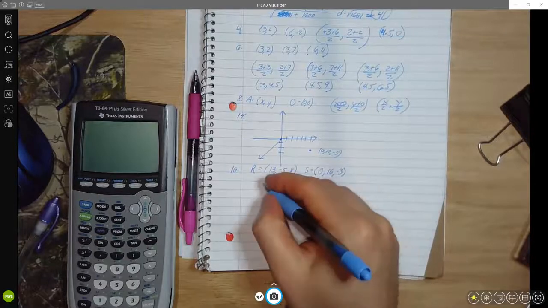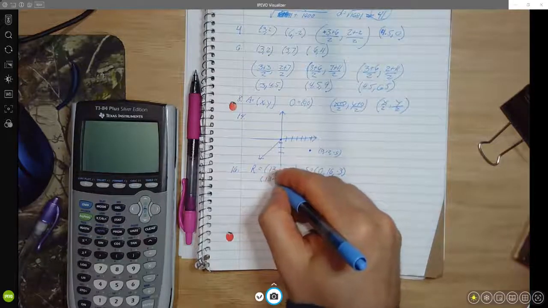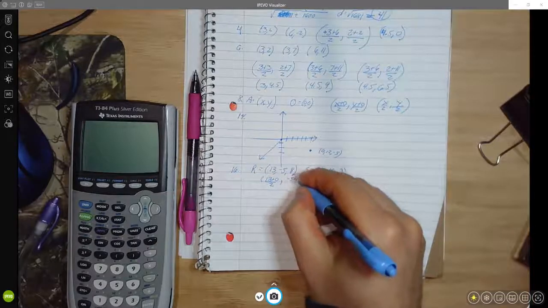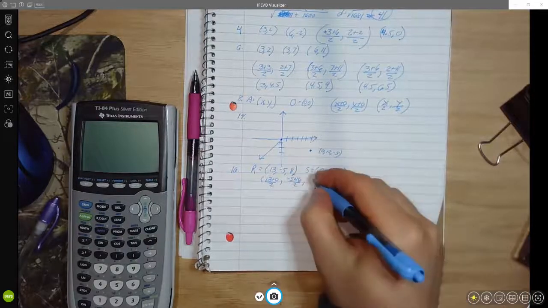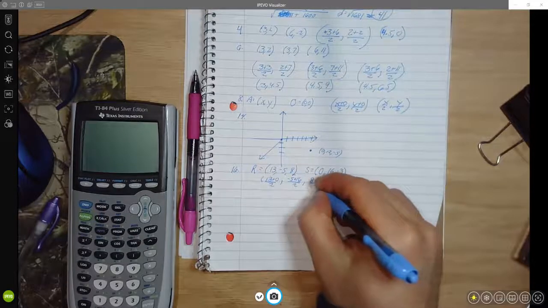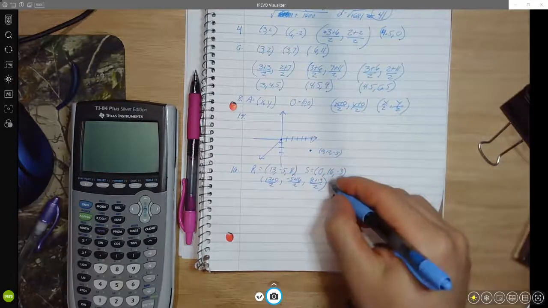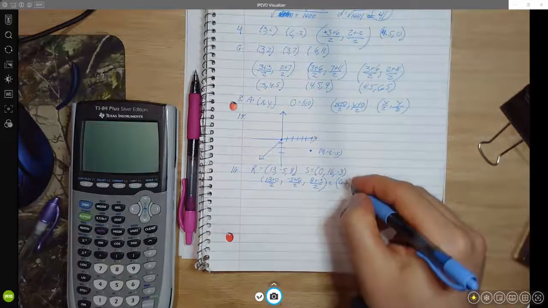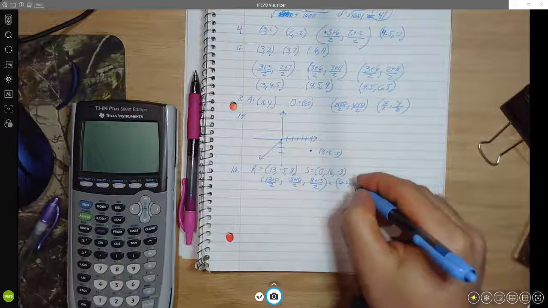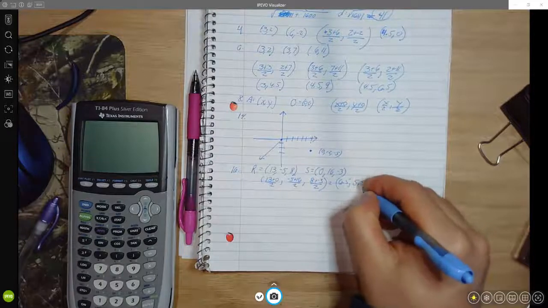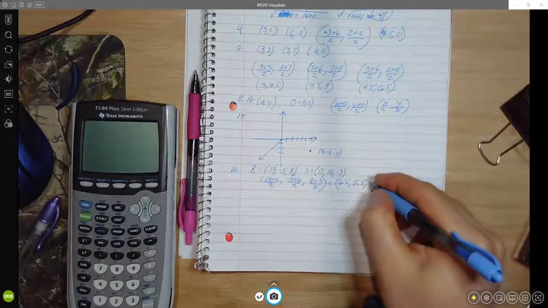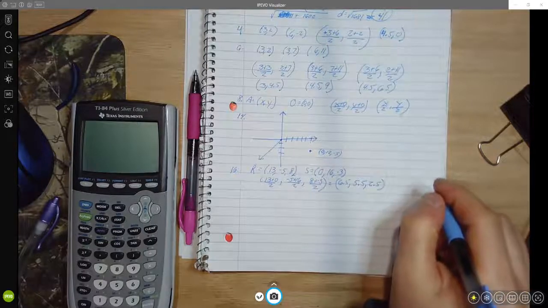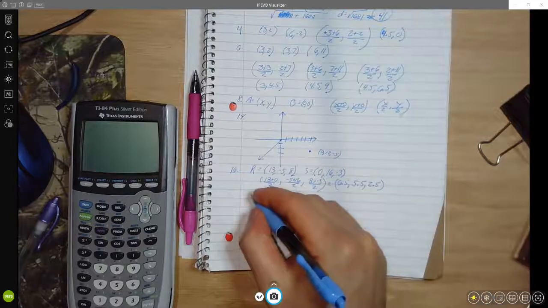So for the midpoint, 13 plus 0 over 2, negative 5 plus 16 over 2, 8 plus negative 3 over 2. So 13 over 2 is 6.5. Negative 5 plus 16 is 11, over 2 is 5.5. And 8 plus negative 3 is 5, over 2 is 2.5.